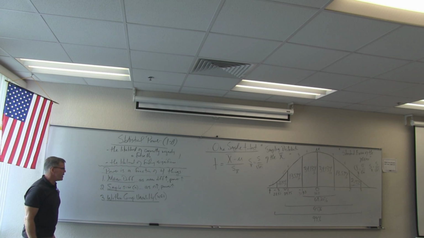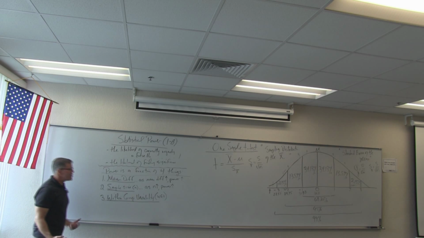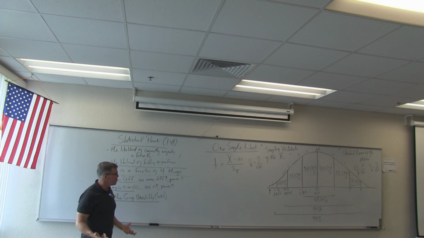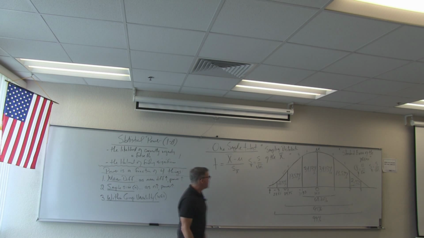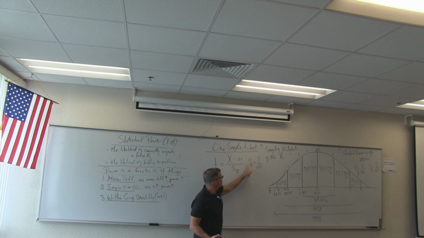That's the variability within group. What is the measure of variability in this formula? Oh, it's the denominator. Variability, dispersion. These are dispersion estimates, S and S sub x bar.